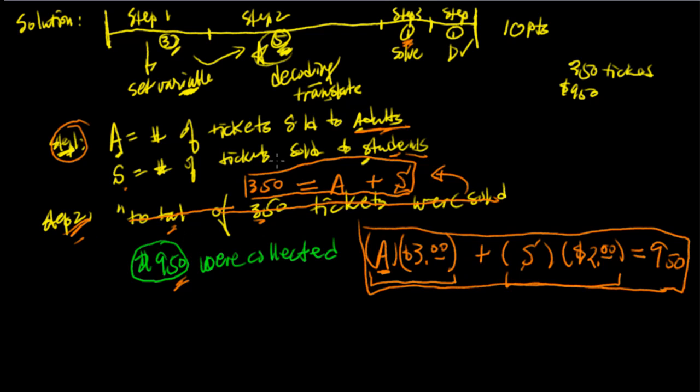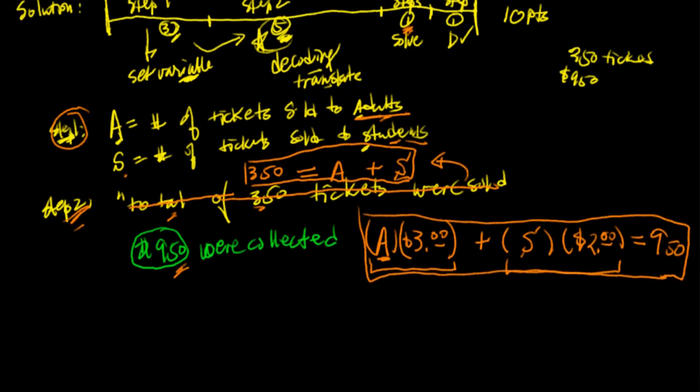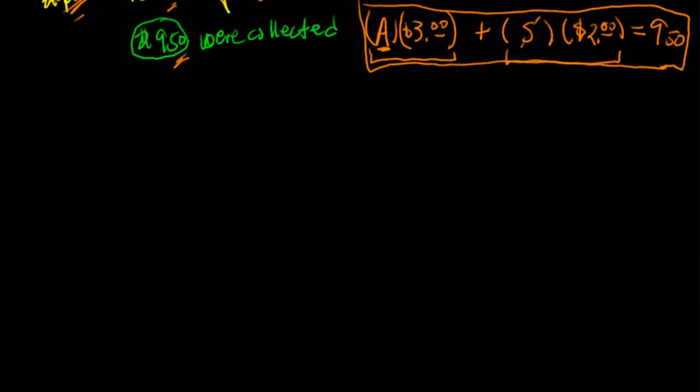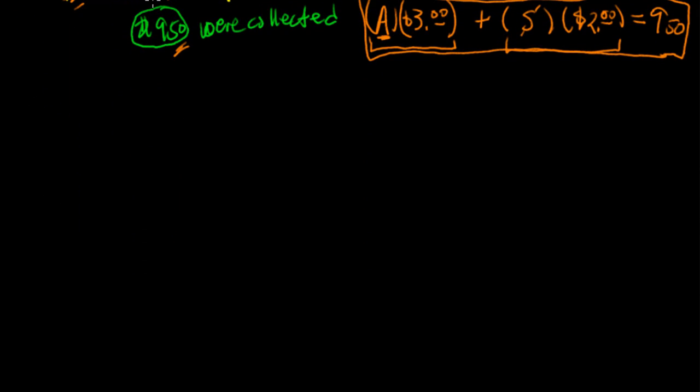Now let's move on to step number 3, and we're actually going to solve this one. Let's move my blackboard down here a little bit so you can see better. Let's get on to our step number 3.